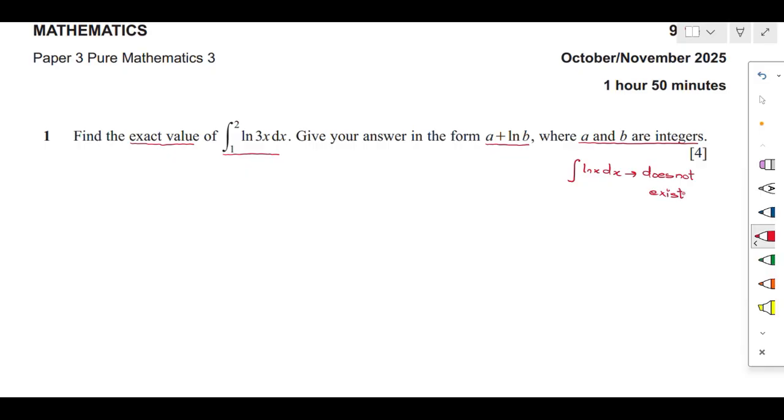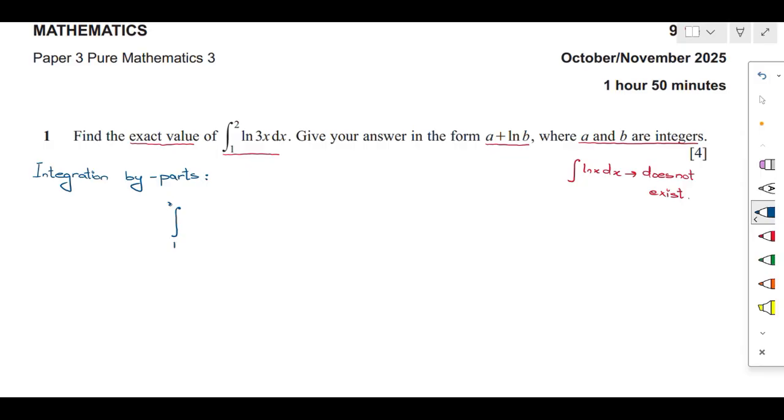Now, how do we integrate natural log? Here we apply integration by parts. Since the integration of natural log is not possible directly, we apply integration by parts.